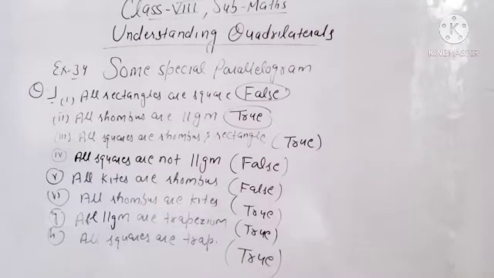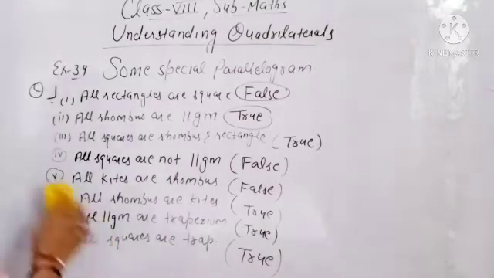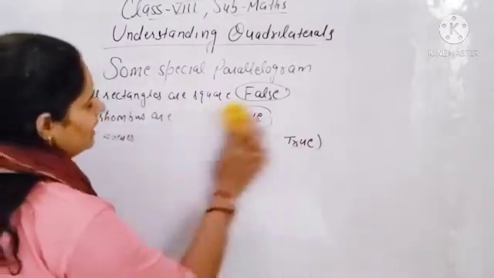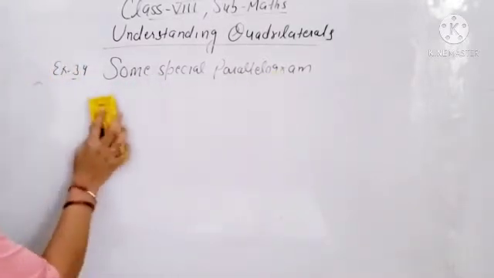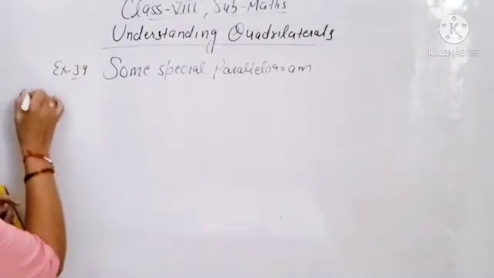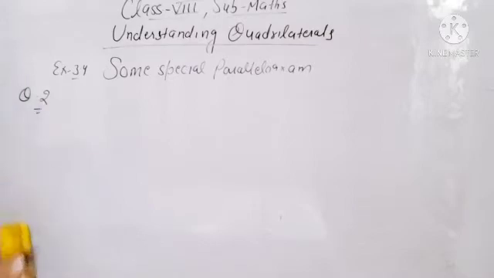So you have to check whether a rectangle can be a square by using the property. If they are satisfying the property of the other quadrilateral, or parallelogram, then it will be true. Next, question number second: identify all the quadrilaterals.